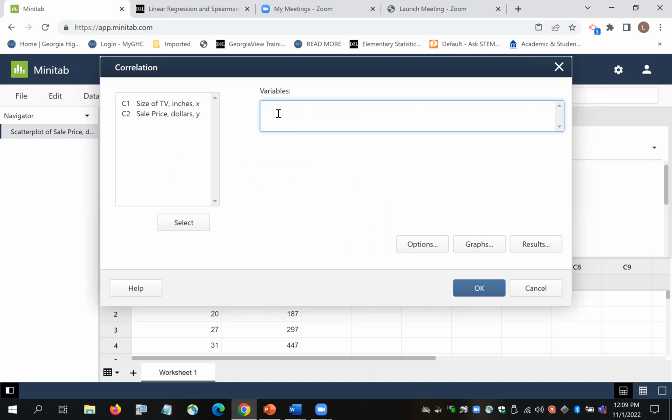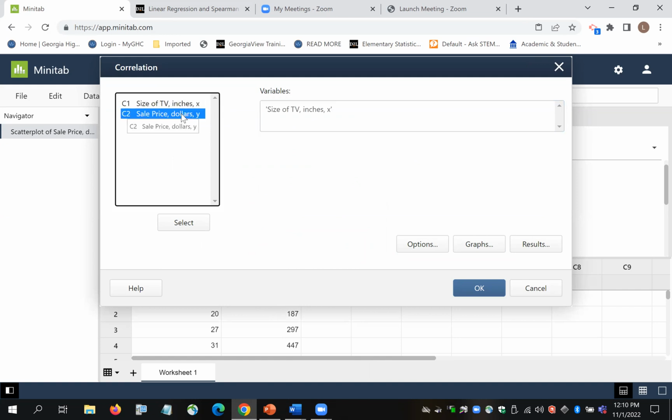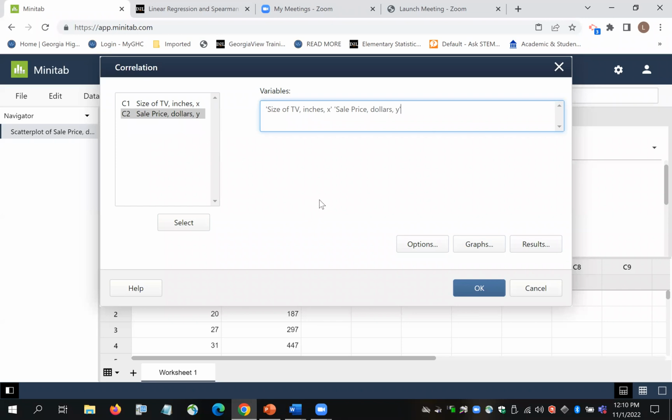I just need to tell Minitab the two variables I want it to correlate. So we've got size of the TV and the sale price. It does not matter the order that you select them in.